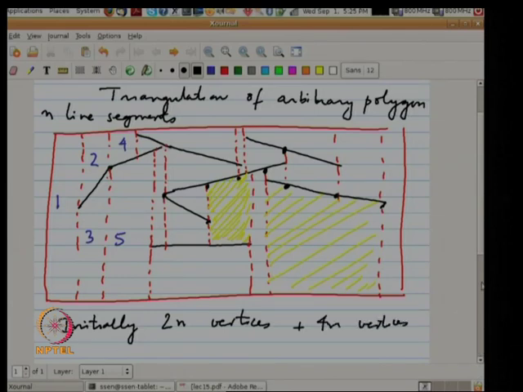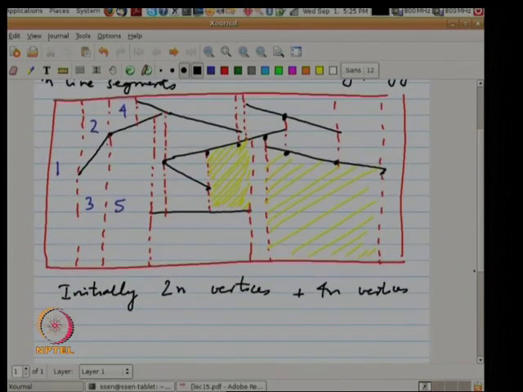Again, it is a planar graph, this whole structure, the set of trapezoids plus 4n vertices. So, about 6n vertices, a planar graph. So, how many trapezoids?